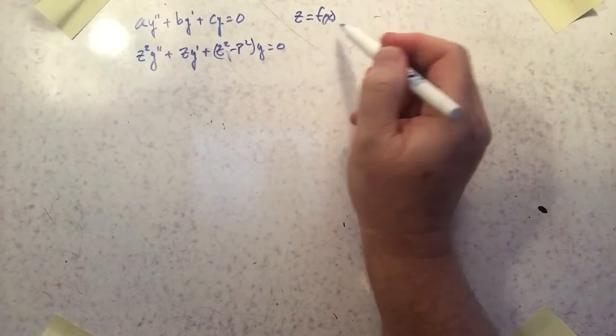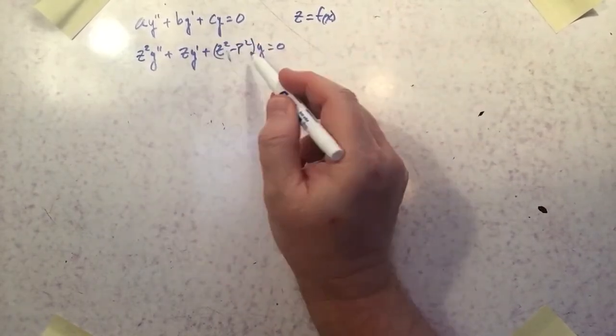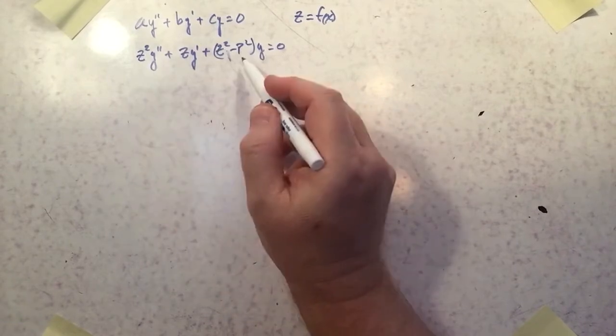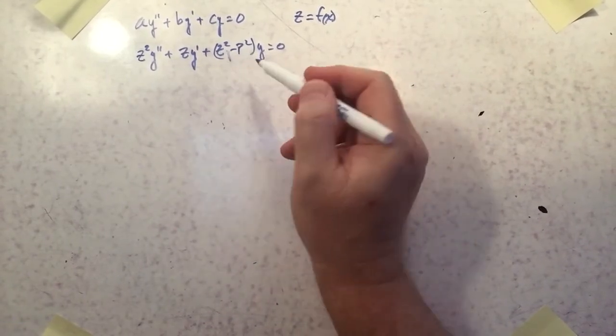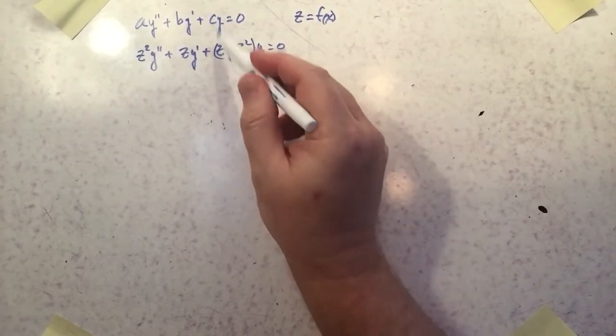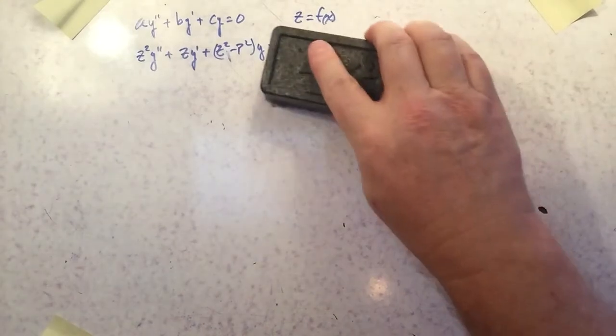So the suitable substitution of z for some function of x should convert this equation into this one. And this one's a Bessel equation, so Bessel functions, depending on what p is, should be able to solve it. All right? Let me demonstrate how to go through this process of conversion. It's not too bad.